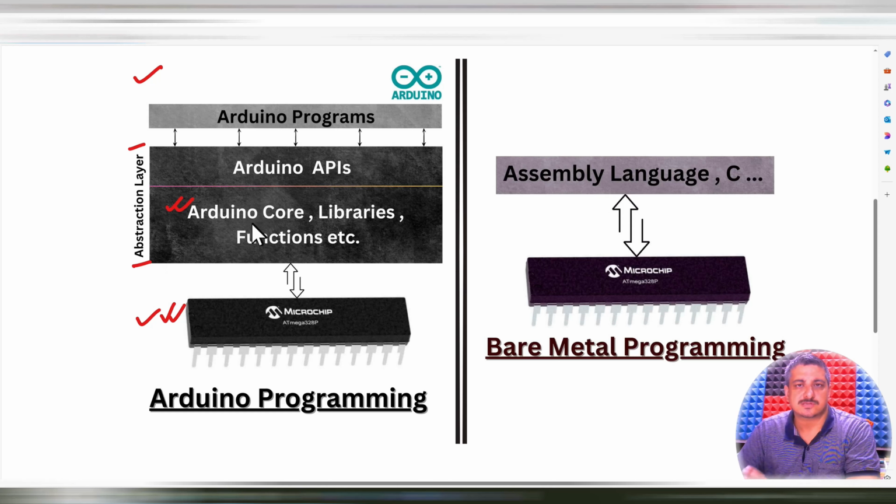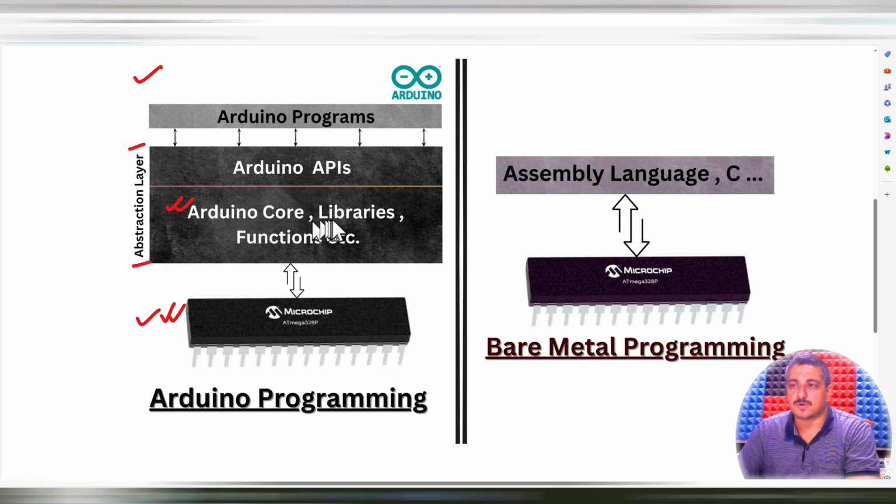Arduino core is somewhat like board support package, where you really write a lot of code about the low level hardware. This is hardcore software programming based on the hardware details. That is Arduino core, or you can also term it as like board support package.